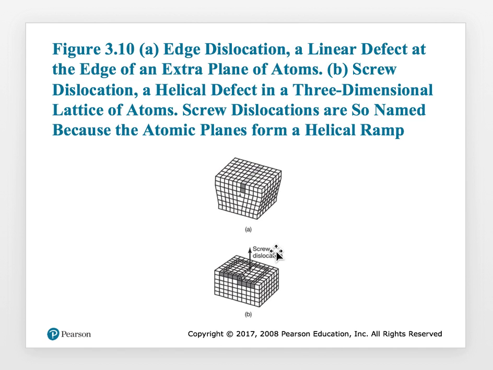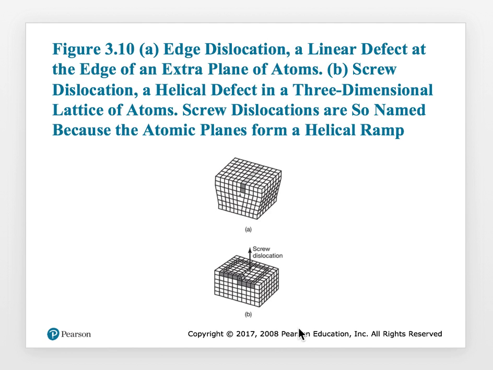Or you have another type of defect, a dislocation called a screw dislocation. So it is like you twist one set of planes of atoms over another set of planes of atoms. But the reality is that no dislocation is completely an edge dislocation or completely a screw type of dislocation. So you have a combination.